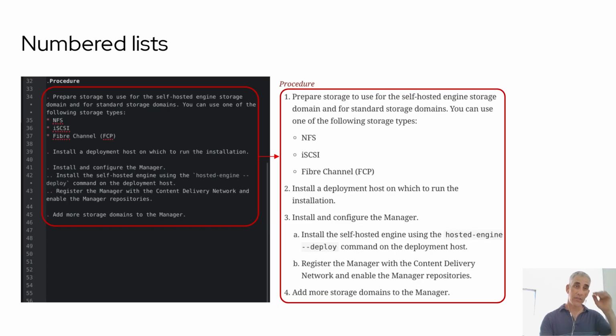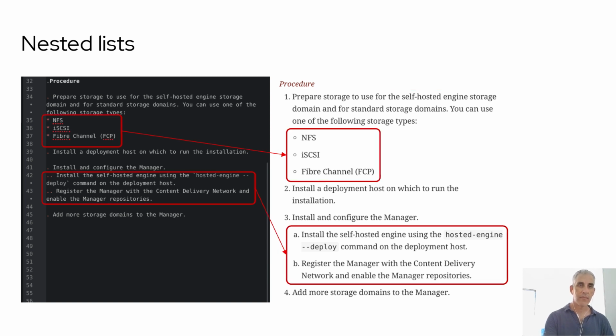A numbered list, this example is a little bit more complex, but I think you can get the hang of it. An ordered list uses a dot or a period at the beginning of the sentence, followed by a space, and AsciiDoctor will turn that into a numbered list item. But in this example, as you can see, there's also an example of nested lists.